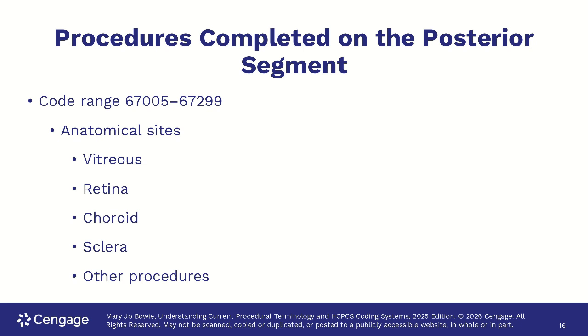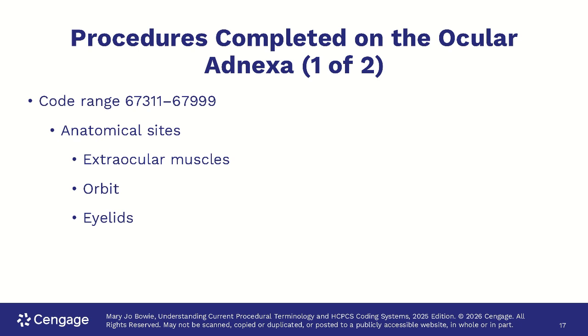All right, then we have procedures performed on the posterior segment. The codes are divided by anatomical sites. So you see vitreous, retina, choroid, etc., sclera. And then procedures performed on the ocular adnexa, you also see are organized by sites, right?